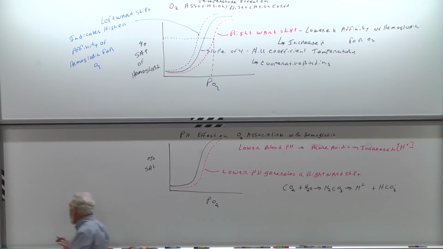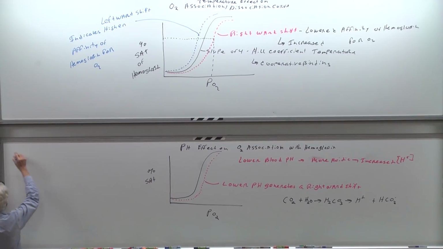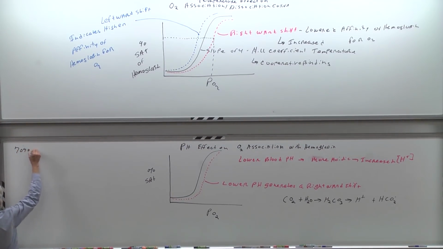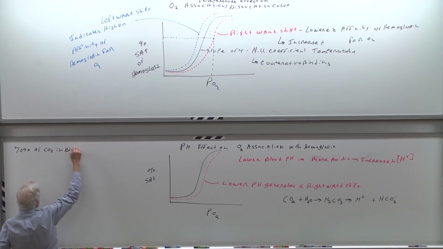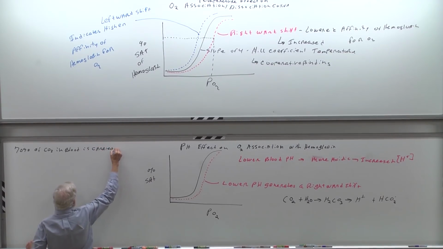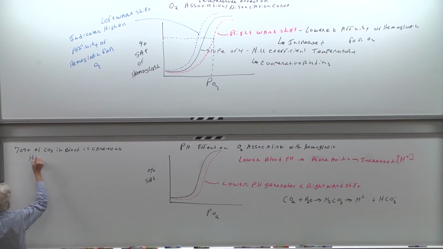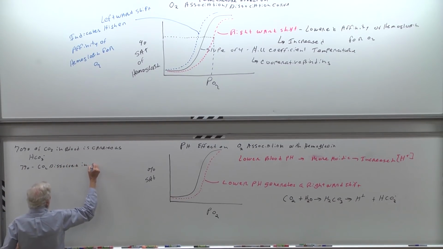At this point, it's worth making a list. And that's to say that some 70% of CO2 in blood is carried as bicarbonate. Now, there's some other carbon dioxide here as well. There's about 7% that's carried as CO2 dissolved in blood.